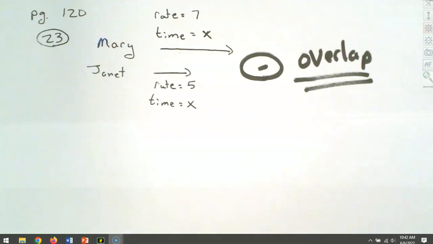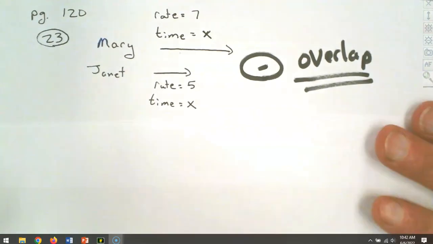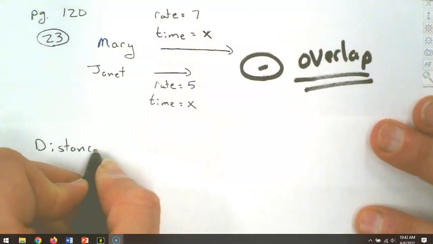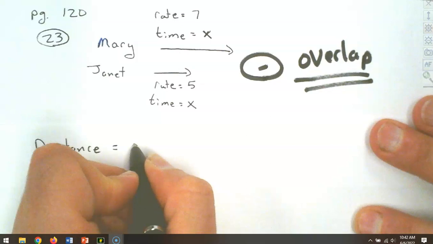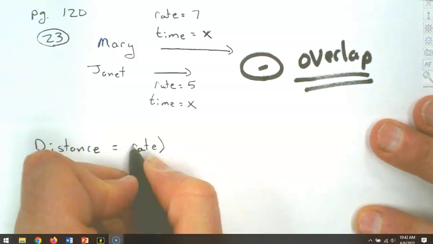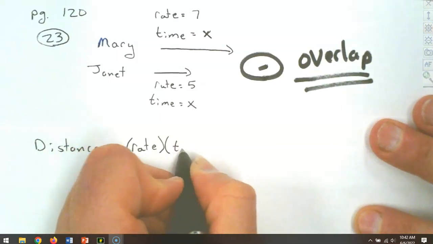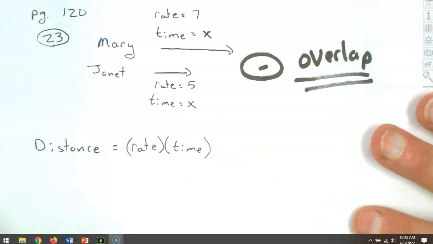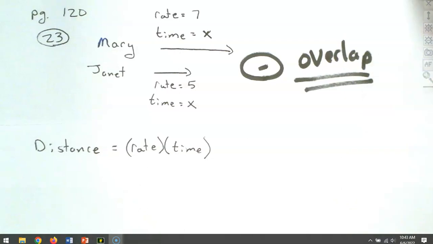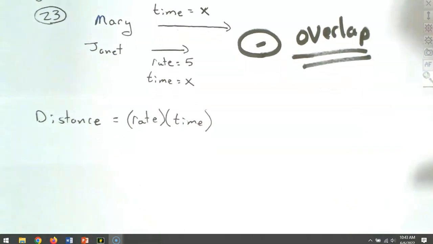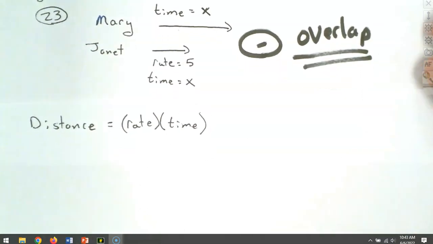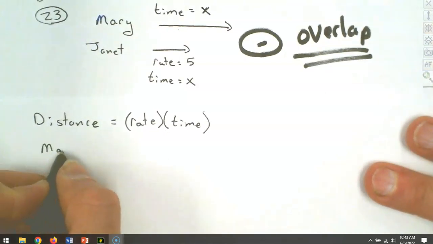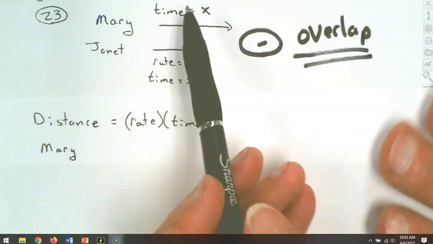And so when we talk about distance, we use this formula. Distance equals the rate times the time. And so we're going to start with each of these, and we're going to be subtracting because they overlap. So we're going to start with Mary.